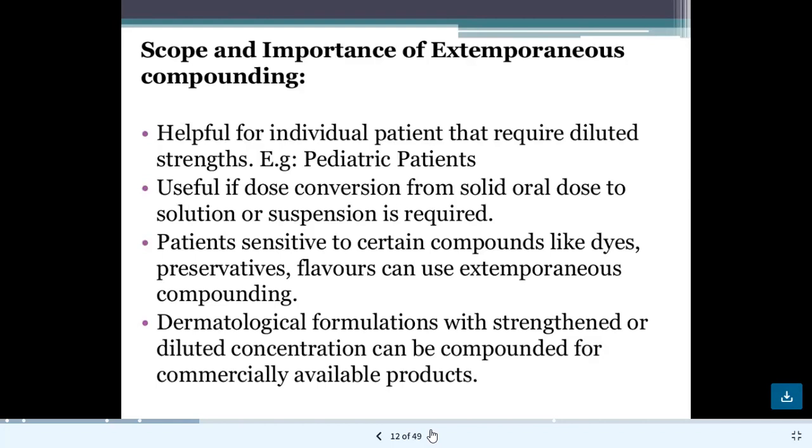Patients sensitive to certain compounds like dyes, preservatives, flavors can use extemporaneous compounding. Dermatological formulation with strength or diluted concentration can be compounded for commercially available products.